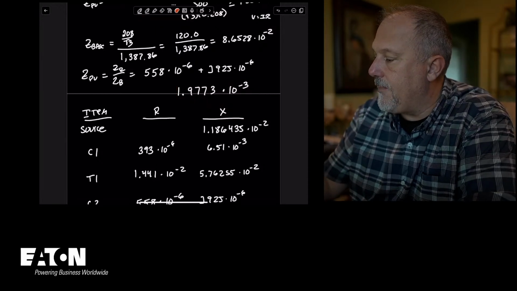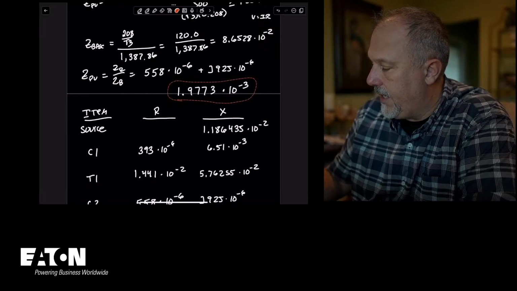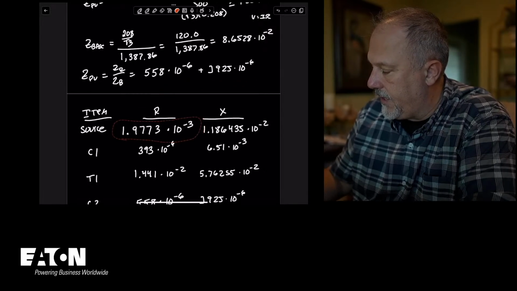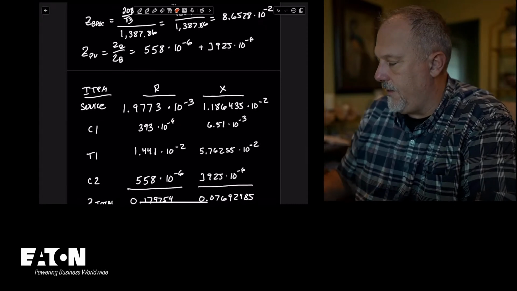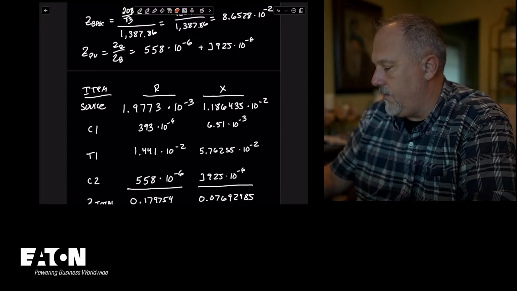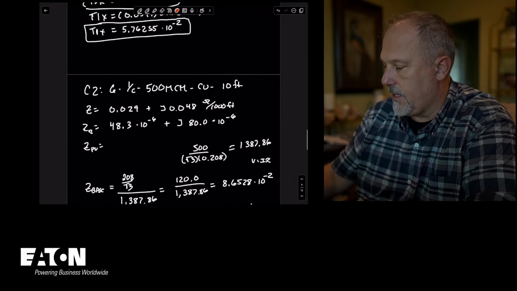And this is what happens when you make one little error. That goes there. All right, so that's the R. These numbers all work out correctly.